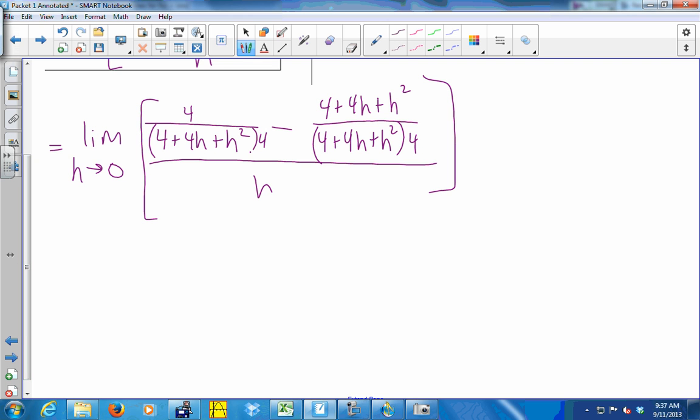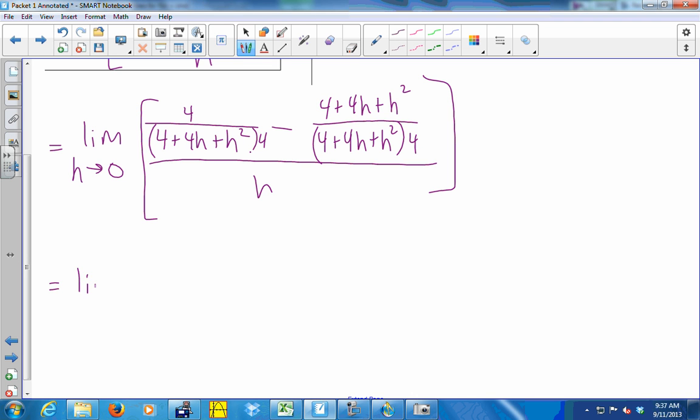Everybody okay with how we got there? Common denominators? All right, so now that we have the common denominator, the whole purpose of a common denominator is that now you can just add the numerators, right? Or subtract the numerators. Yeah, so I have 4 minus 4. The 4's go away. And then I have to distribute this minus sign to everything else in there as well.